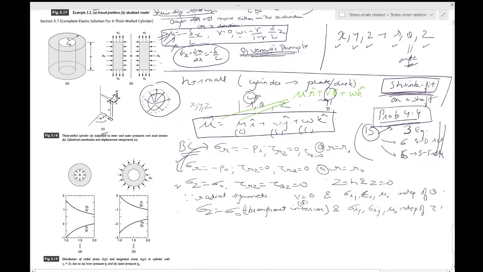This is a hypothesis which we have made, and with these assumptions the problem collapses to a manageable size. Then essentially you have only r to worry about in most places.